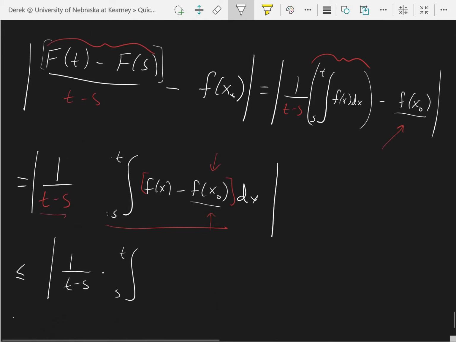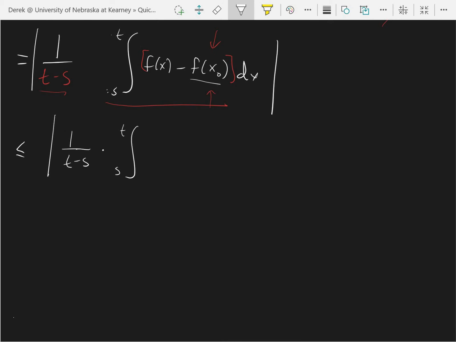So using continuity of little f, I get that this stuff inside here is smaller than epsilon in absolute value, strictly smaller than actually, right? And so then this is equal to 1 over t minus s times t minus s times epsilon, because I'm just integrating a constant, which is equal to epsilon.